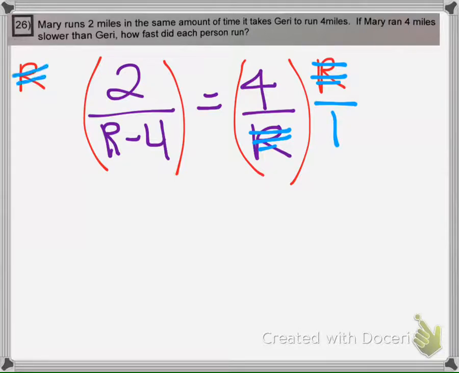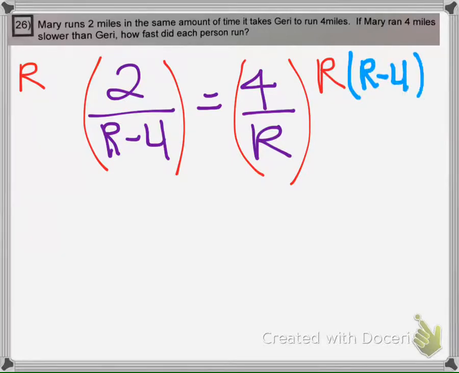But this cannot cancel, that's wrong, because it's a binomial. I need an R minus 4 to cross out an R minus 4. So the common denominator is R and R minus 4, and I need to multiply that on both sides.